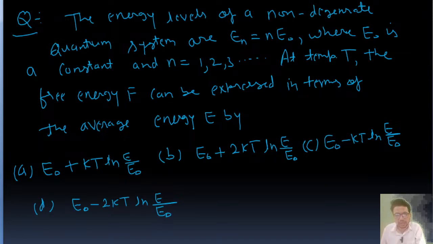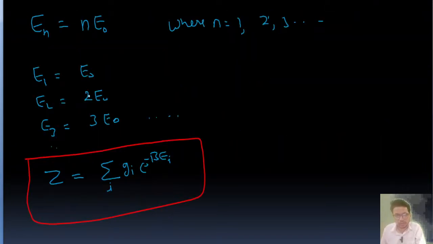So the partition function for this is going to be Z equal to 1 into e to the power minus beta Ei. We have energy levels E naught, 2 E naught, 3 E naught, 4 E naught, and so on.